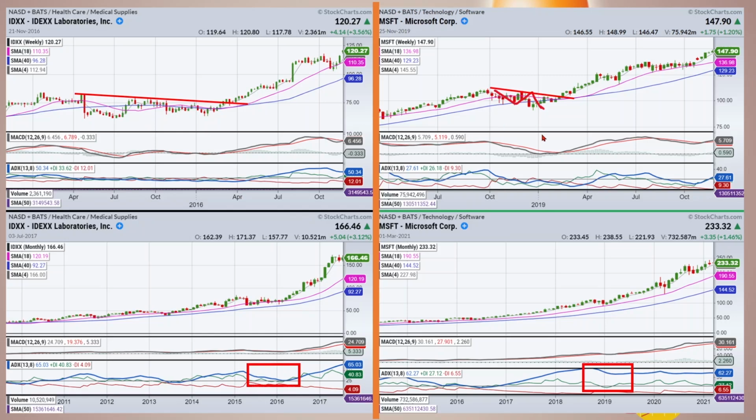Now, on the right side, we've got a strong ADX condition where we pull back to the 18 months, same thing. The difference here is we just get a simple ABC pullback in Microsoft, and then you've got a MACD zero line reversal, and you do have low ADX here, so you can draw your trend line.